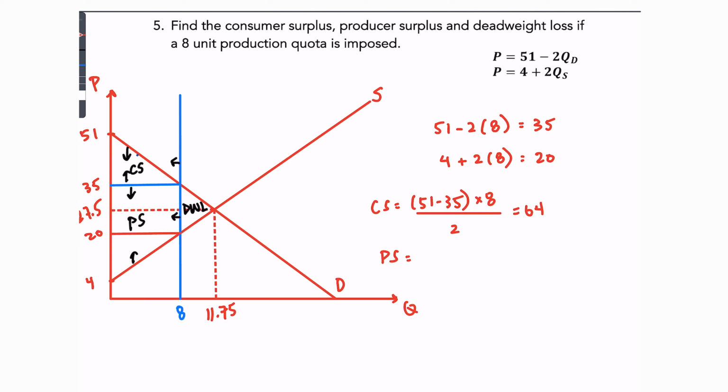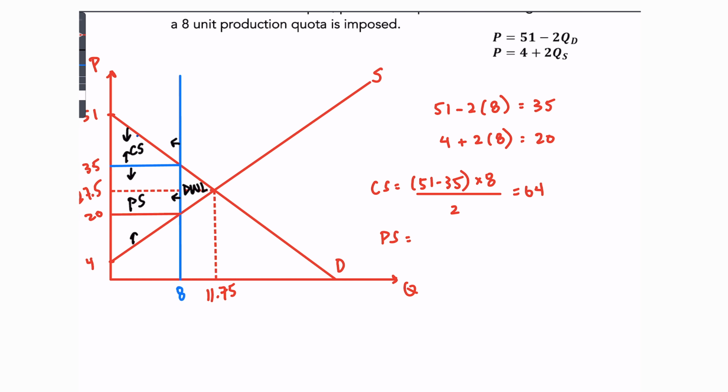Producer surplus is a trapezoid. So the difference between 35 and 4 plus 35 minus 20, so big base plus small base, all of that times the height, which is 8, then all of that divided by 2.